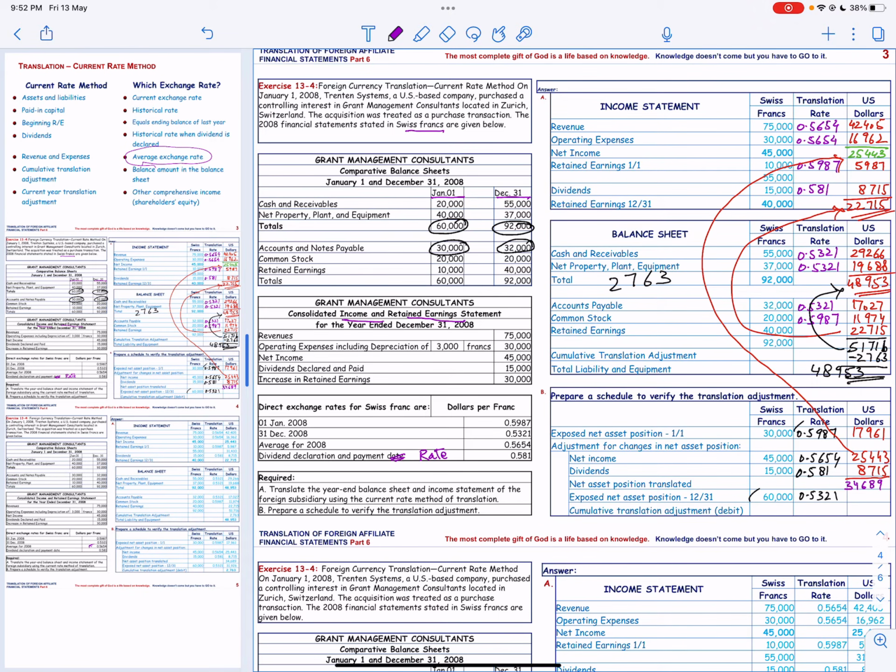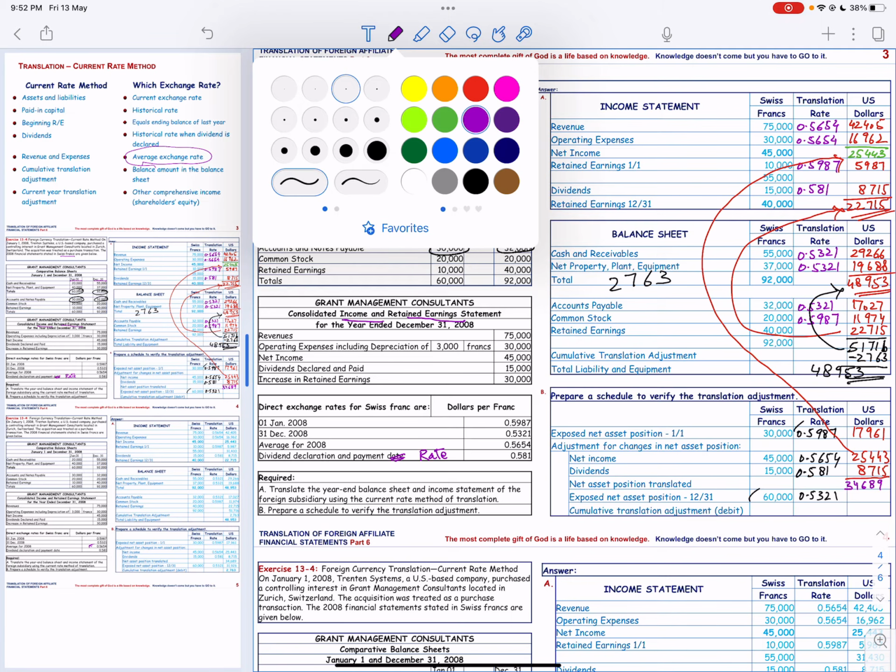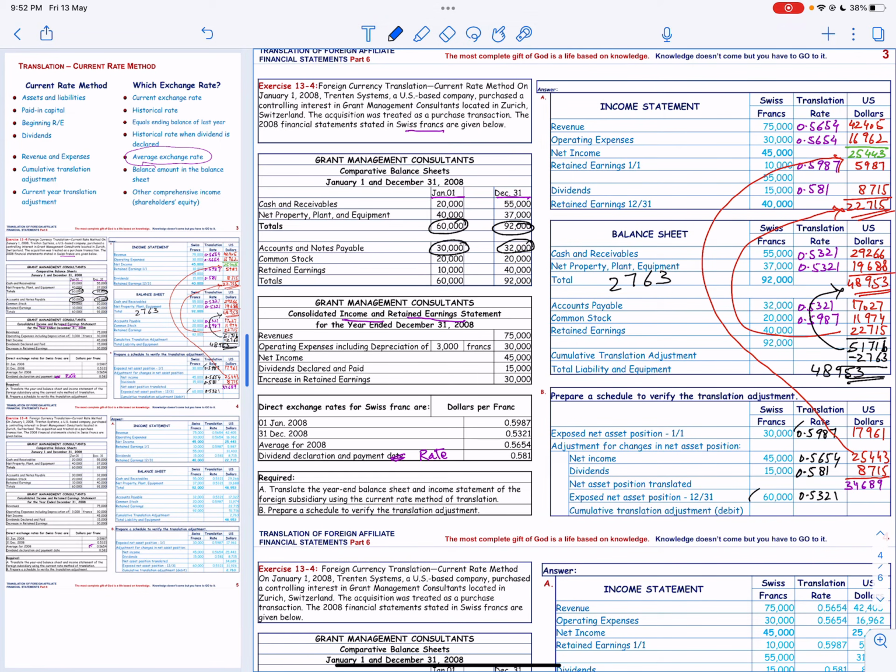Now, if you look at the translated value of exposed net assets on 31st December, this is 34,689, and the exposed net assets on 31st December is 31,926.